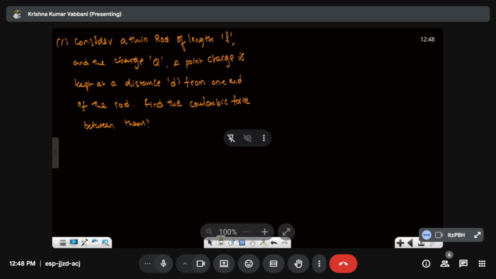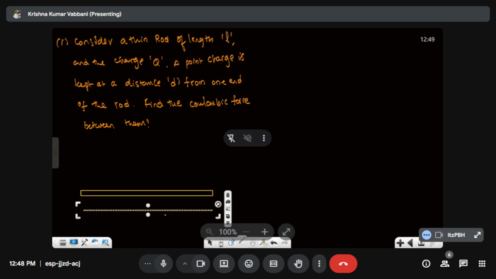So carefully observe the problem. Here they have given one line conductor like this, and this is the length of the conductor. How much is given?